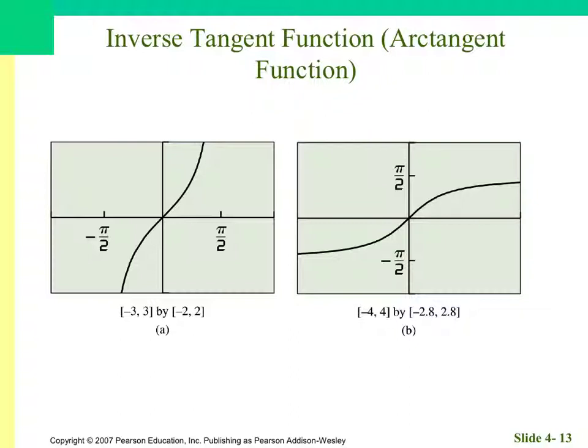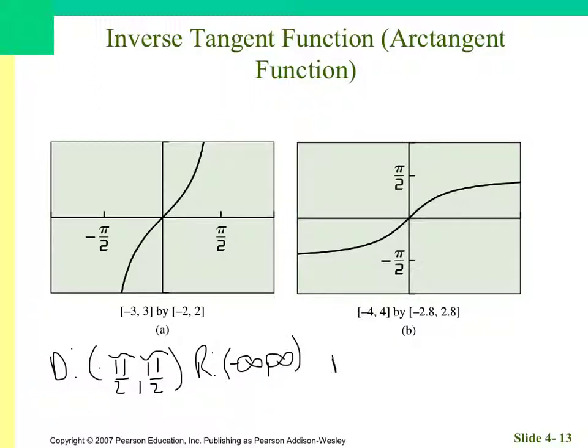Tangent. Now the domain of tangent for this is negative pi over 2 to pi over 2. Notice they're parentheses, not brackets, because it never equals that. The range, though, is negative to positive infinity. So for the inverse, our domain now is negative infinity to positive infinity, and our range is between negative pi over 2 and pi over 2.